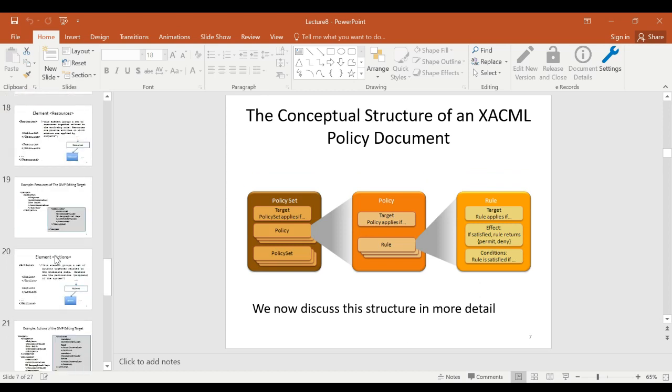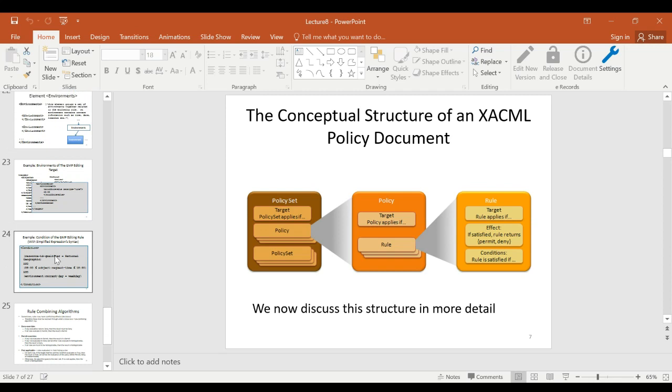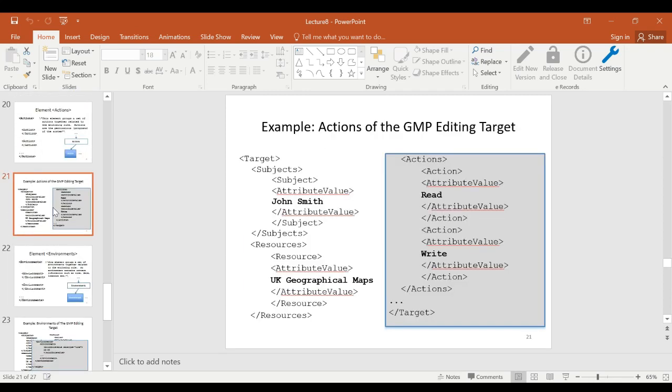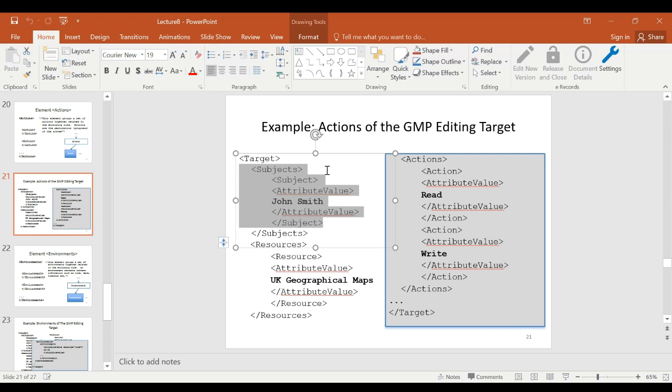Now, one thing I didn't mention as well is that sometimes the information included in a target may not be there. Okay, so for example, you may not see any subjects, or you may not see any resources, or you may not see any actions. And if any of these elements, or indeed any environments, were missing, the idea is that that target then applies to every single instance of that element.